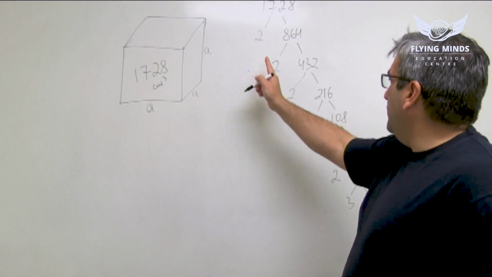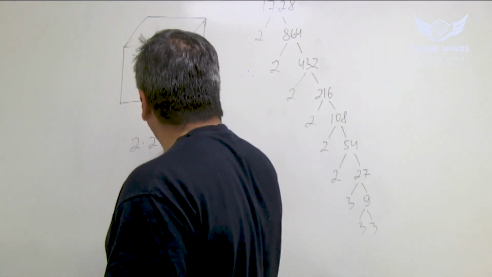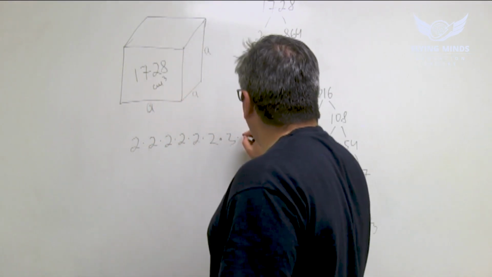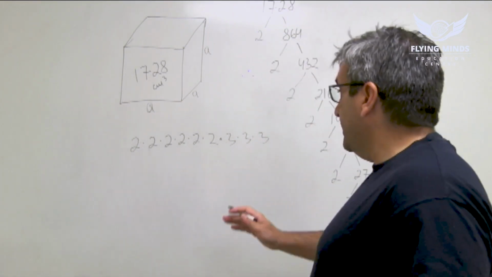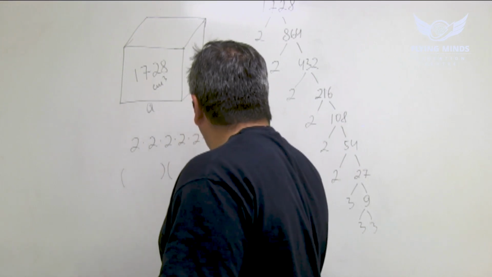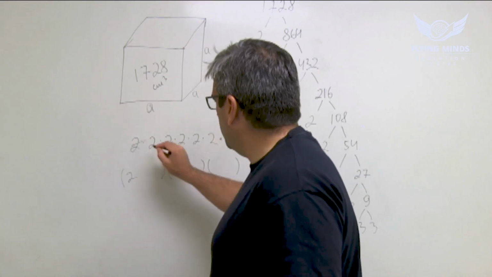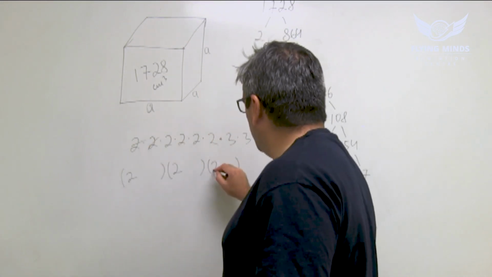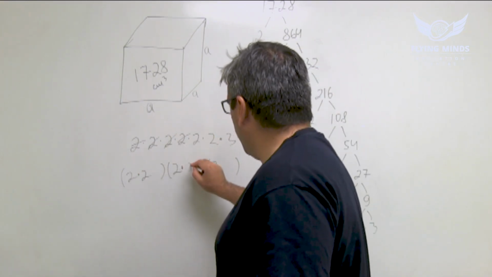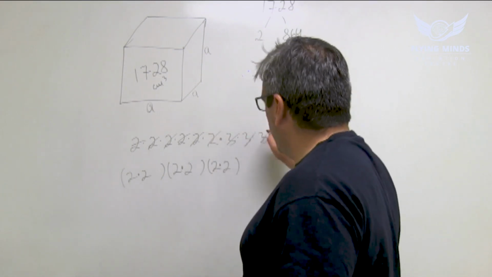So 1, 2, 3, 4, 5, 6. We have 6 factors of 2 and 3 factors of 3. Now we need to group them into 3 groups, right? So 2, 2, then another 2, and then we have 3.